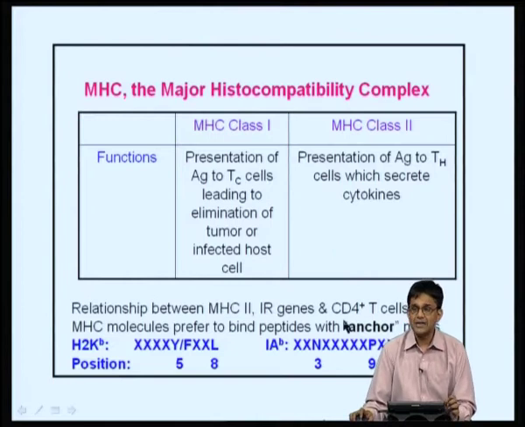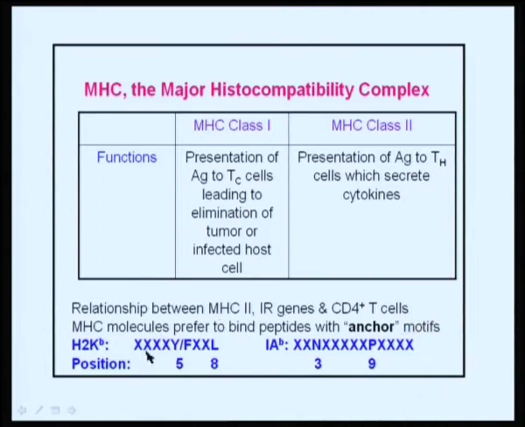An important aspect of the binding of these different peptides is the role of anchor residues. If you look at different MHC molecules, because of polymorphisms you have different sequences, but there are some positions of the peptide that are fixed, and these are known as anchor residues.